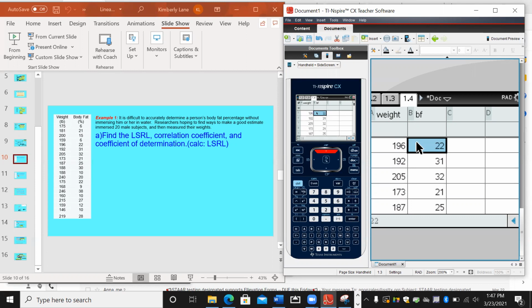Again, the calculator can only compute based on the values that you input, so that you have correct calculations.